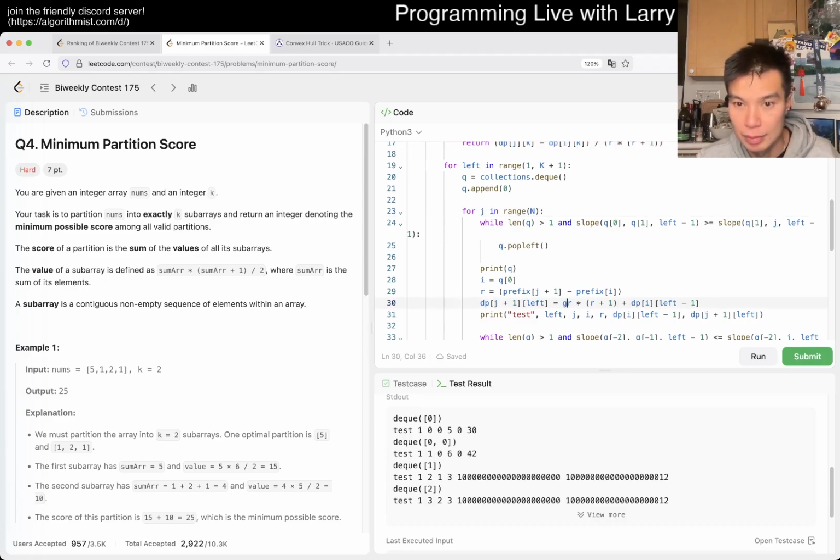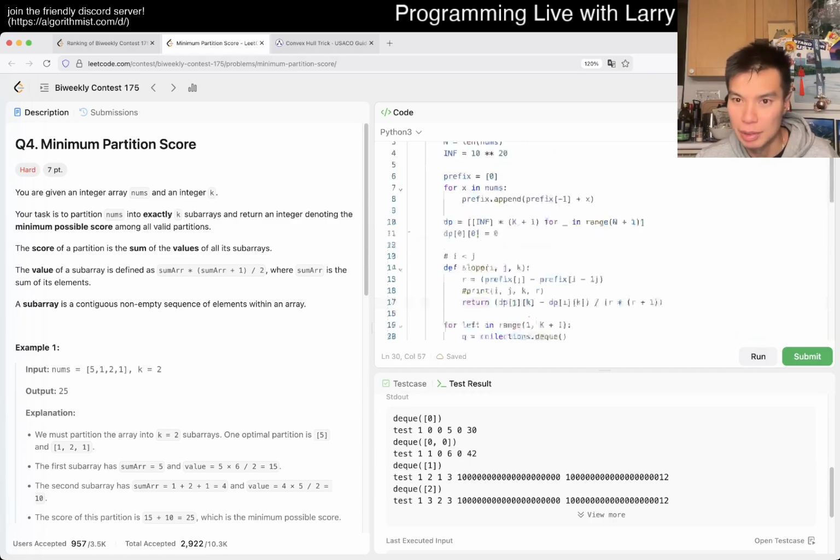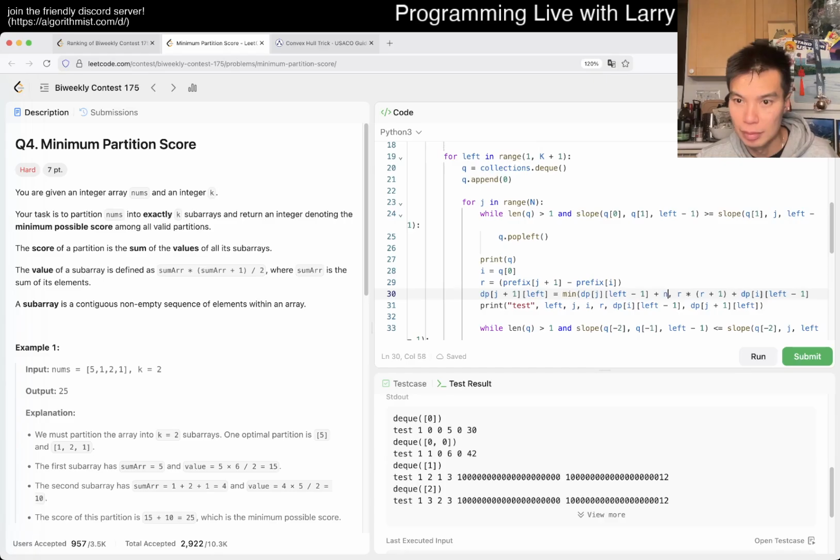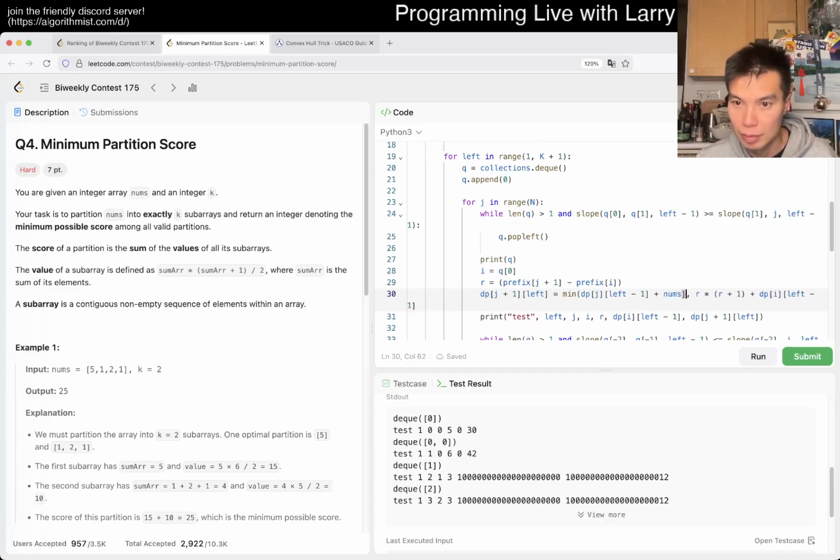I'm gonna do this. So this is the previous one. What's it called? Nums? But I don't know if that's quite right either.